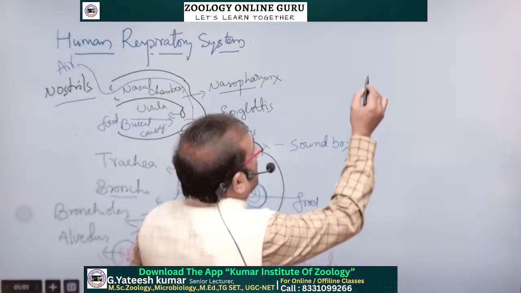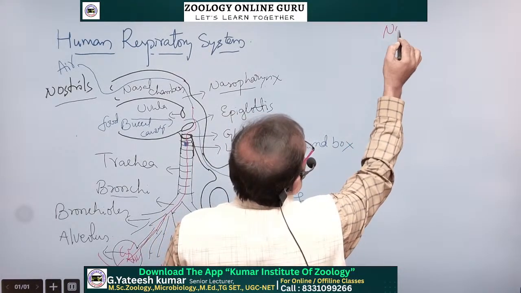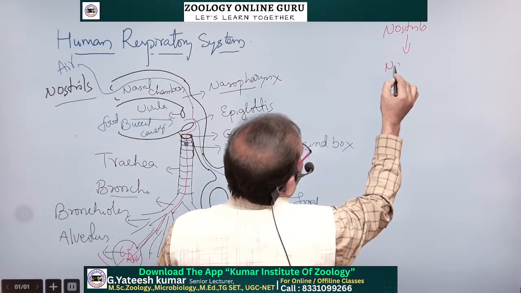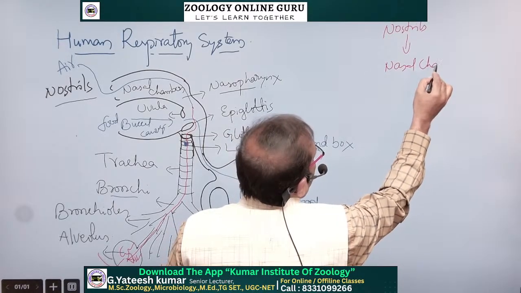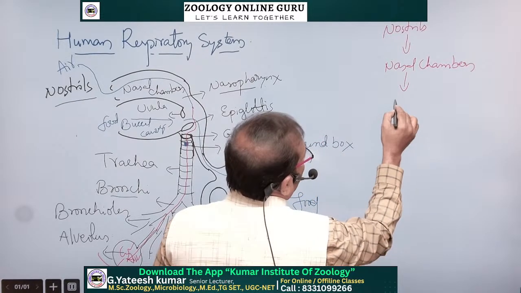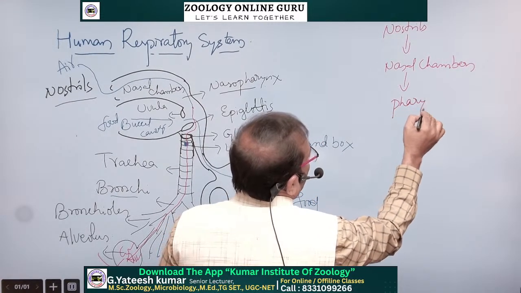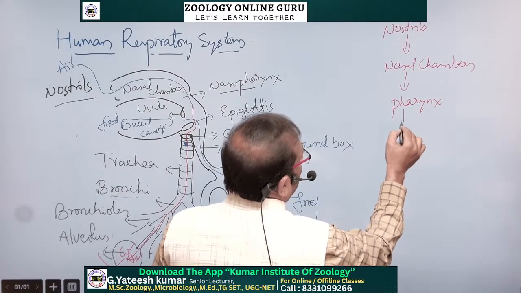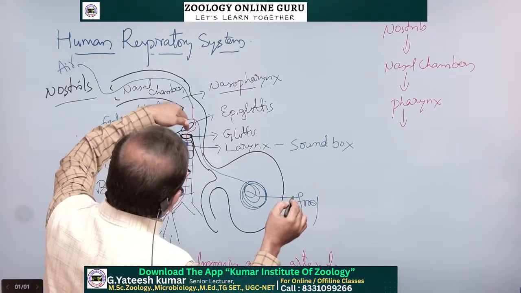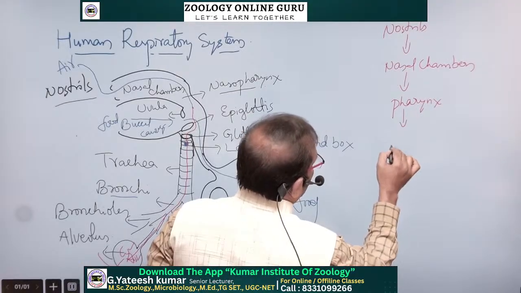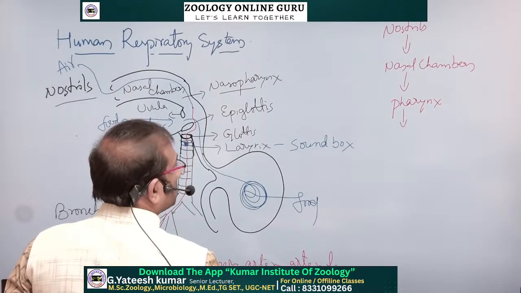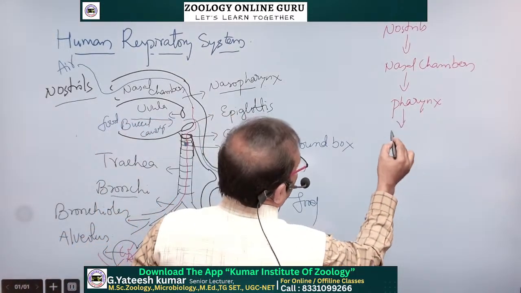In the pathway, I am writing here, the first part is called nostrils. The air enters into nasal chambers. After the nasal chambers, the air enters into pharynx. Then the air enters into larynx.